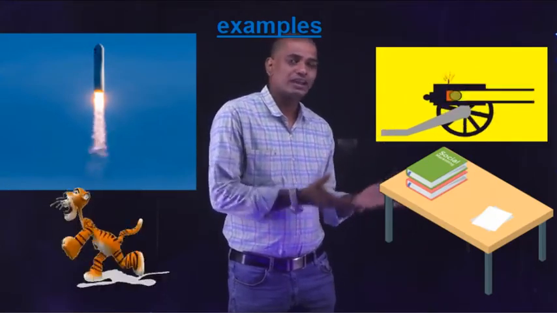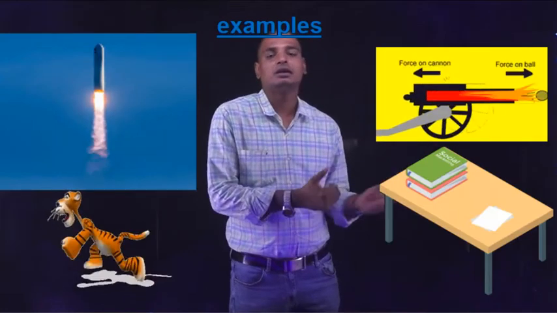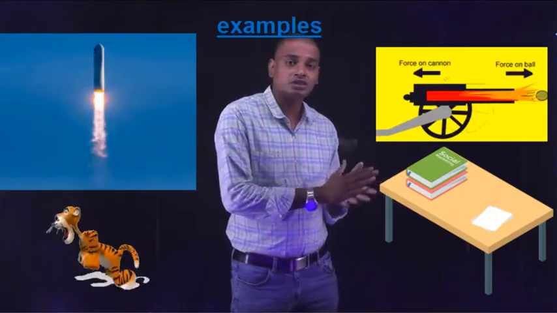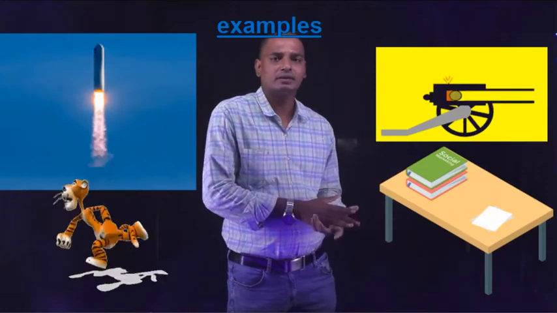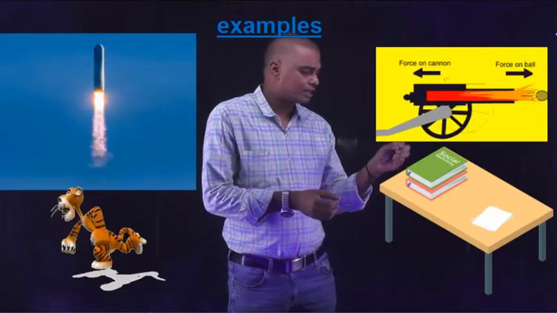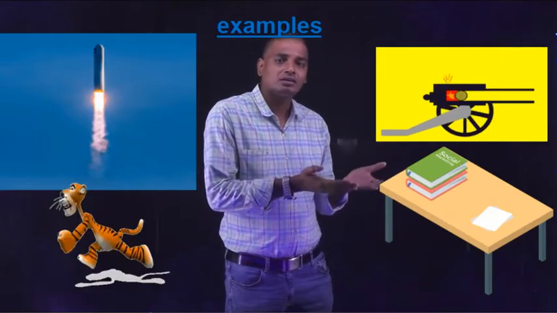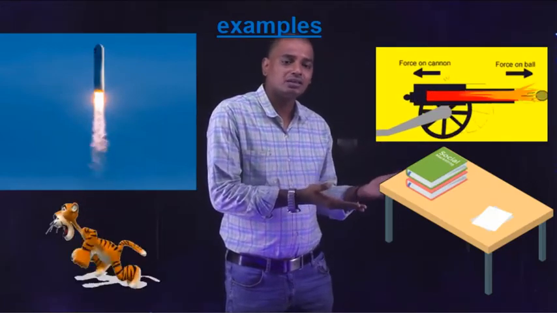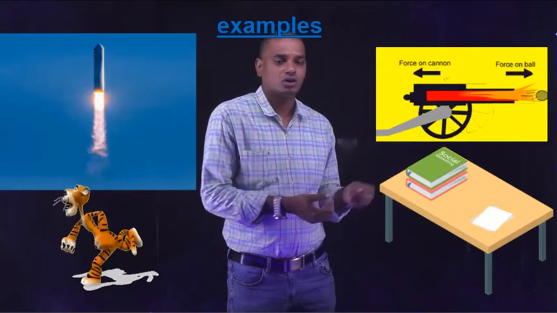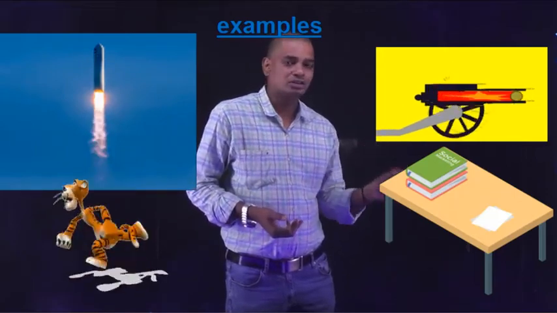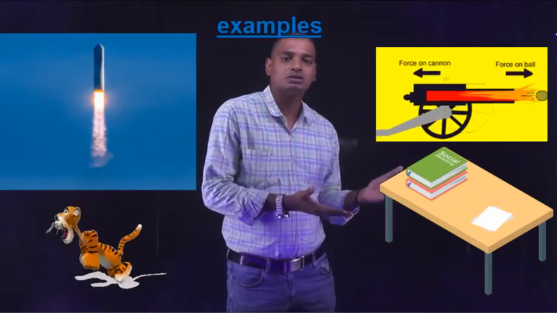This weight is supported by the table. If the table does not support the weight of the book, then it will break. So the weight acts on the table and its support acts on the book.